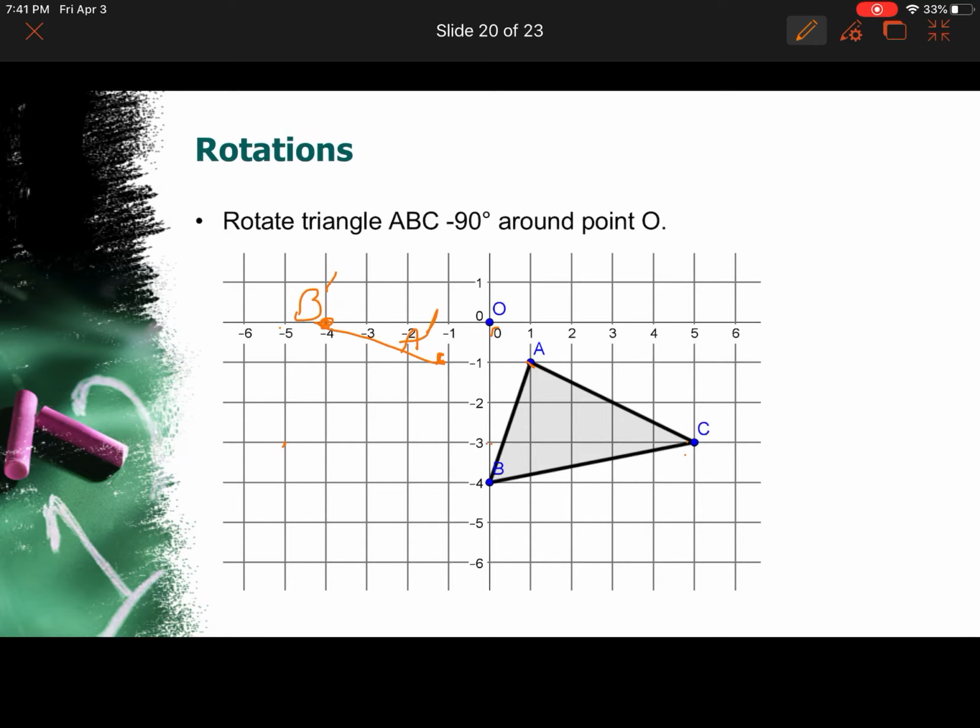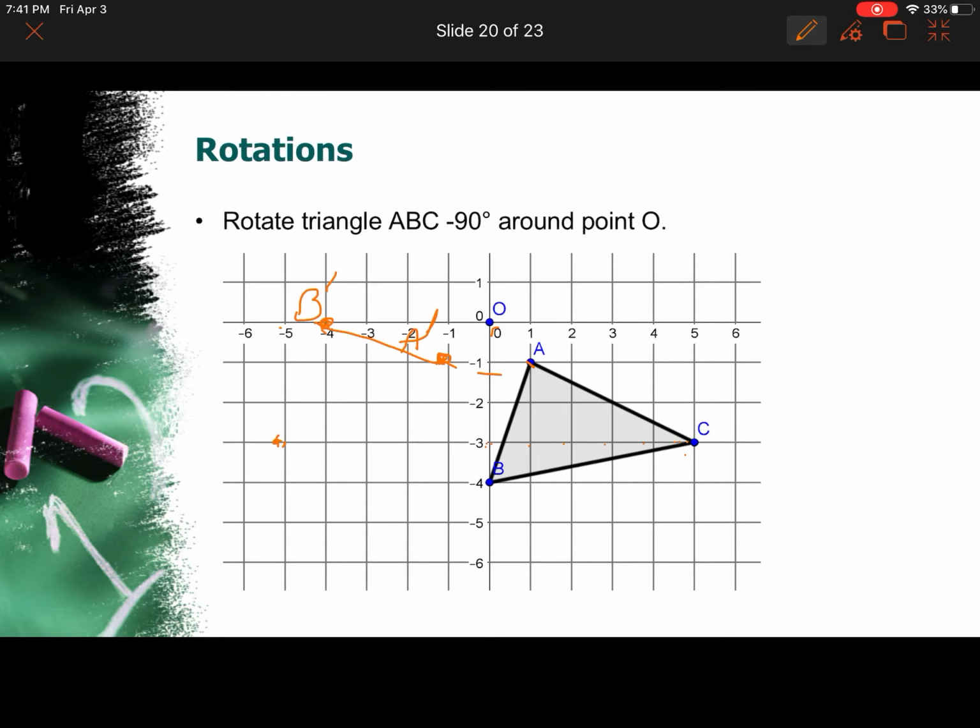Is that true? Then negative 3 over 5. Doesn't look right. Does it look right? 1, 2, 3, 4, 5. Oh, I got these in the right place.